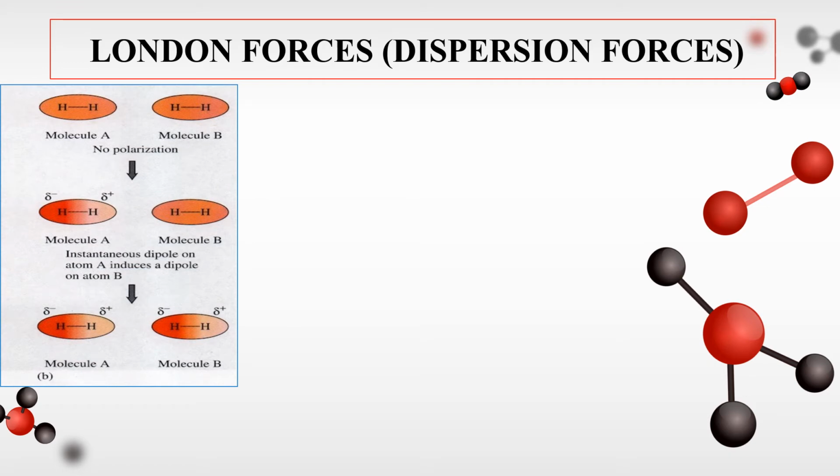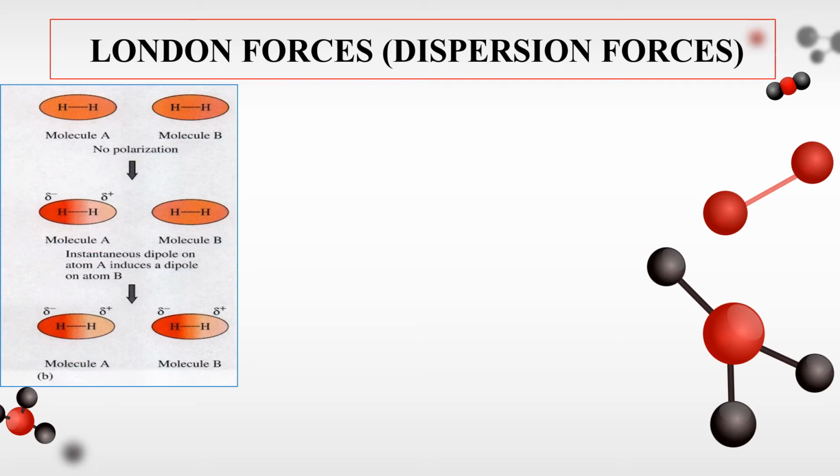As you can see in the picture here, we have two hydrogen molecules, molecule A and molecule B. In the ordinary state, the electron distribution of a hydrogen molecule is even and no polarization occurs.